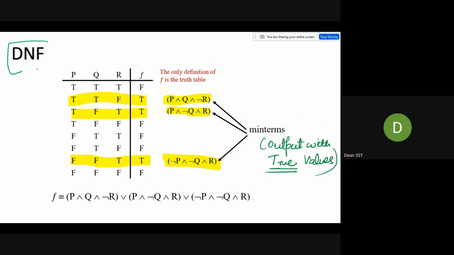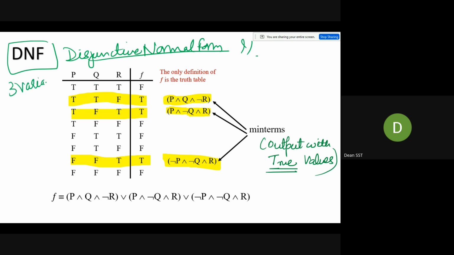How can you find disjunctive normal form? Simply, suppose you are having 3 variables, P, Q, and R. How many rows will be there in the truth table? 8.